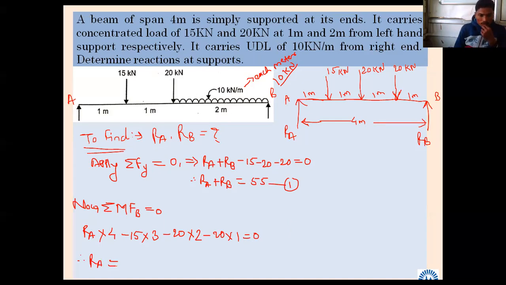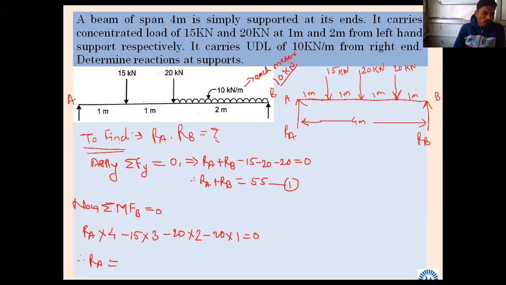Therefore, calculate RA from this. How much will it be? 20 plus 40, 60, 60 plus 105.